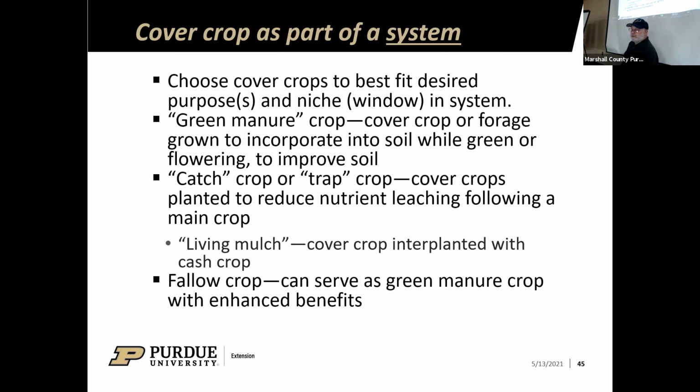So when you're looking at a system, you want to choose a cover crop that best fits what your desired goal is. Do you want something that can be a green manure to help increase the health of your soil? Do you want it to be a crop to catch nutrients? Do you want a taproot?